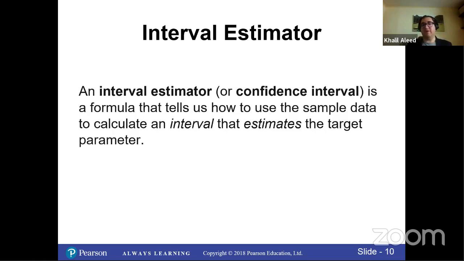Instead of saying that the average American income is $50,000 a year, I would say the average income of an American citizen lies between 45,000 a year and 55,000 a year. So that's the main difference. In a point estimate, you are trying to test if the parameter of the population is equal to a specific value. In the interval estimate, you are trying to check if the population parameter, or the target parameter, falls within a certain interval. This is the main difference. I hope it's clear.